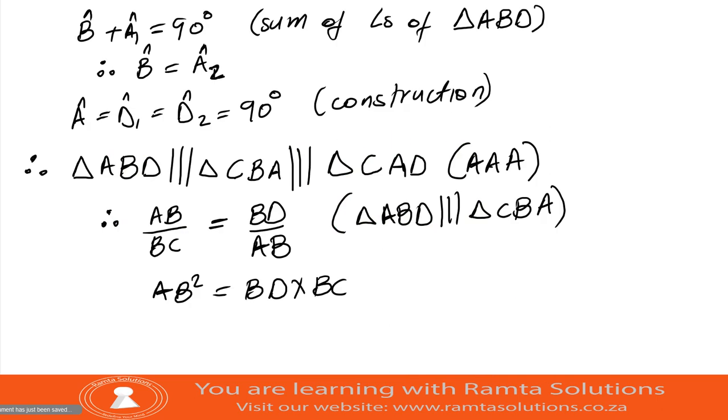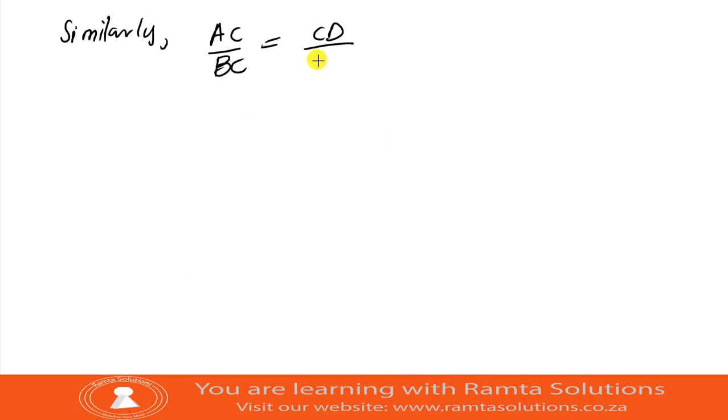I'm going to write AC. So it corresponds with AC. Therefore, what do we have? As you can see, with cross multiplication we will have AC squared equals DC times BC. Okay? So this is AC squared.